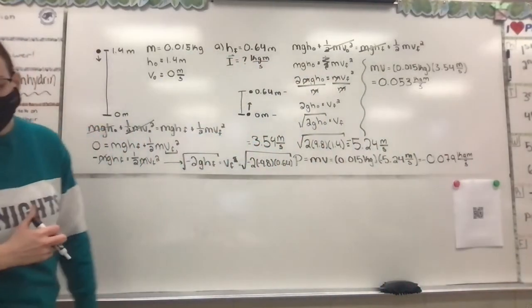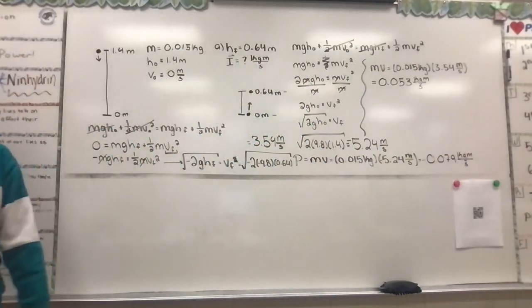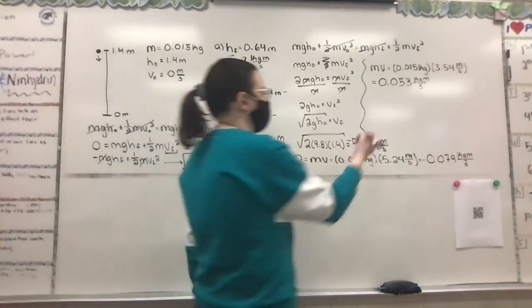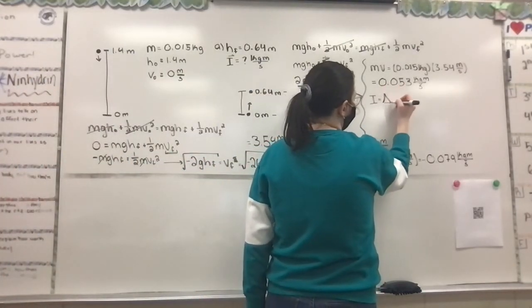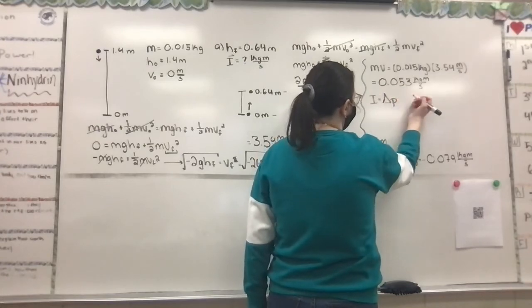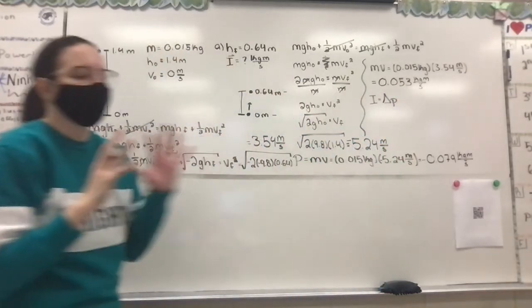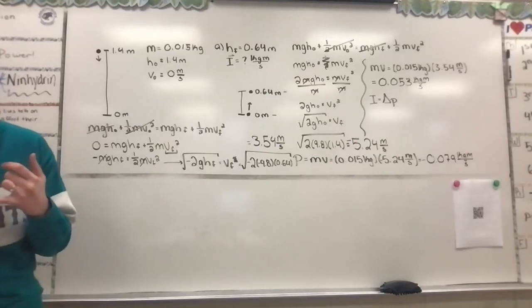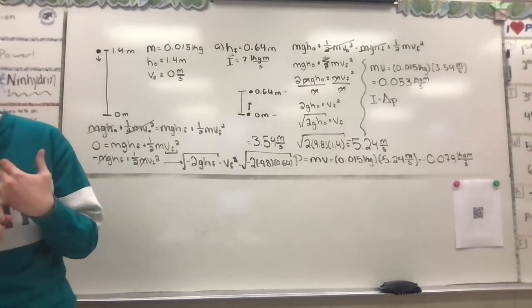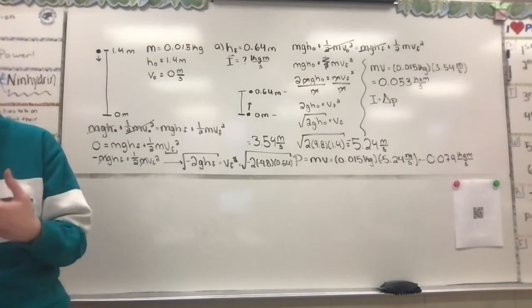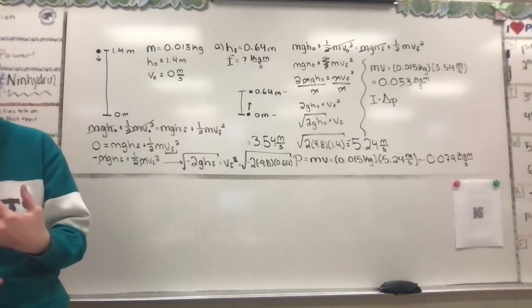Now when we look back at our question, we were asked for impulse. And what is impulse, you guys? It's a change in what? Momentum. Okay. So we are asked, when the marble bounces straight upward, what are the magnitude and direction of the impulse delivered to the marble from the floor, okay?